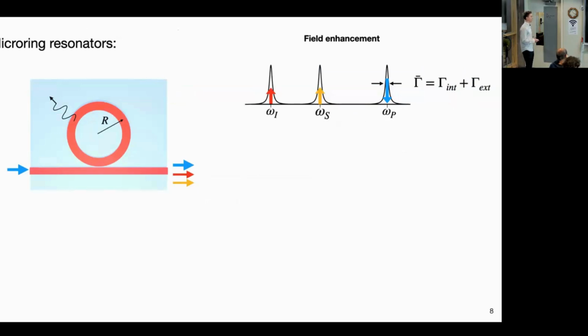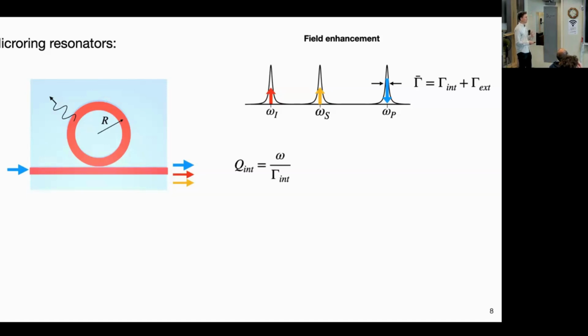The amount of enhancement will depend on the width of the ring resonances, so the smaller the width, the more field enhancement there will be. The width is given by gamma bar, which is the decay rate of photons from the ring, which has contributions from an intrinsic decay rate due to scattering loss and an extrinsic decay rate due to coupling to the waveguide.